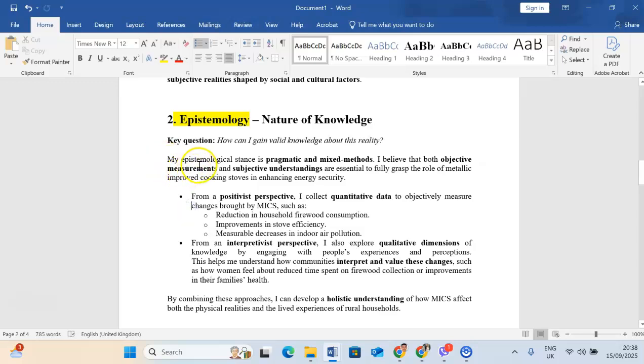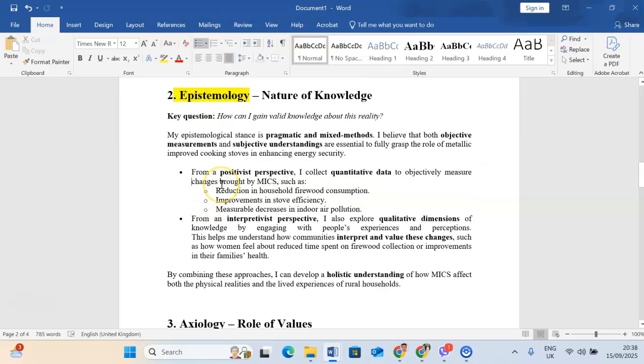So here my epistemological stance is pragmatic and mixed method. I believe that both objective measurements and subjective understanding are essential to fully grasp the role of metallic improved cooking stoves in enhancing energy security.